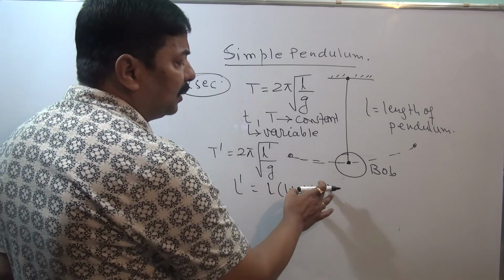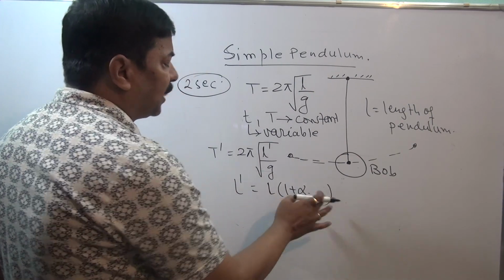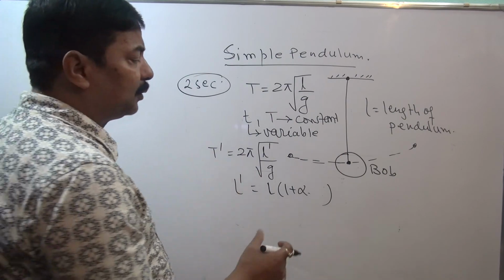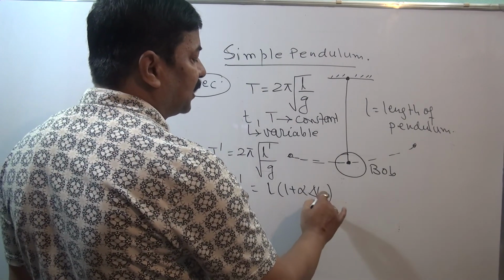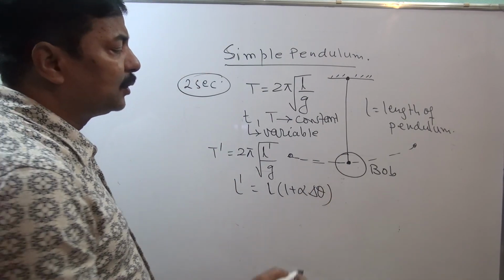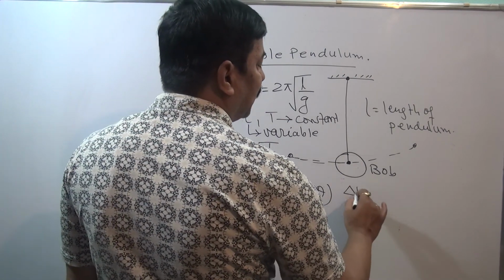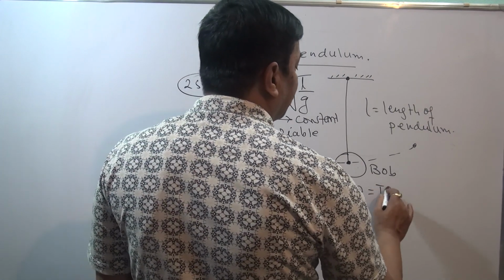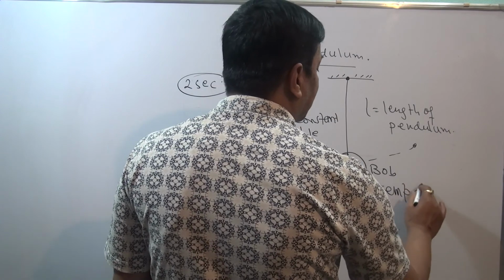Here I am removing this delta T because here T is there, it will make confusion. I am writing it as delta theta. So temperature change is delta theta. So delta theta represents your temperature change.